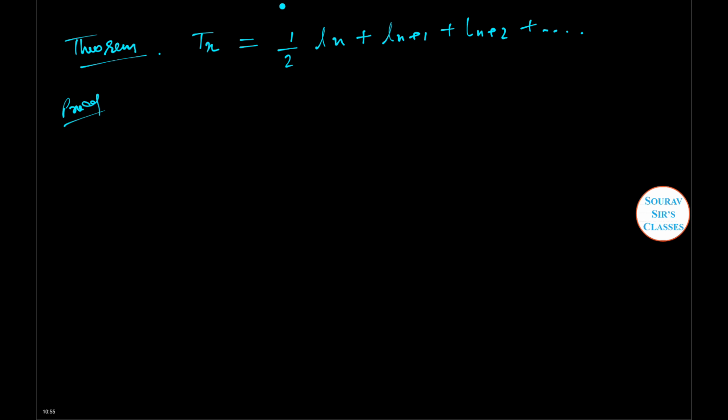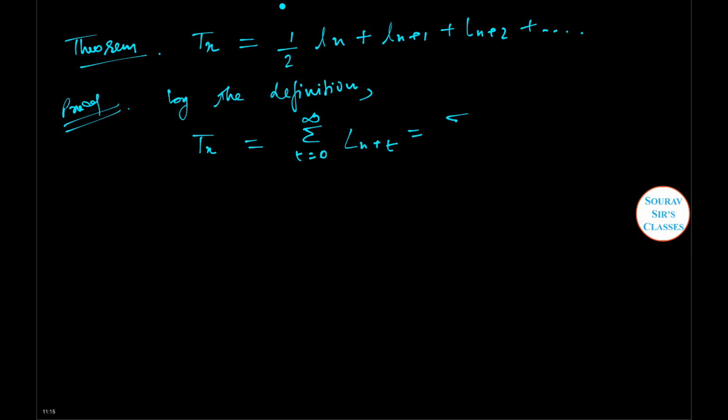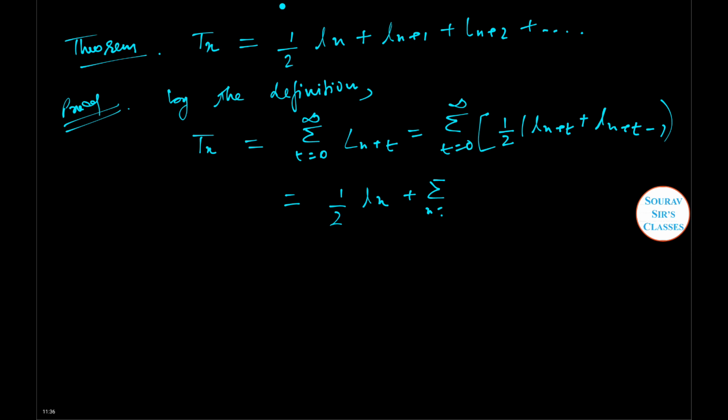Now the proof. By the definition, we can write Tx is equal to summation t equal to 0 till infinity of L of x plus t, which is further equal to summation of t equal to 0 to infinity of half of Lx plus t plus Lx plus t minus 1, which is further equal to half Lx plus summation t equal to 1 to infinity of L of x plus t.